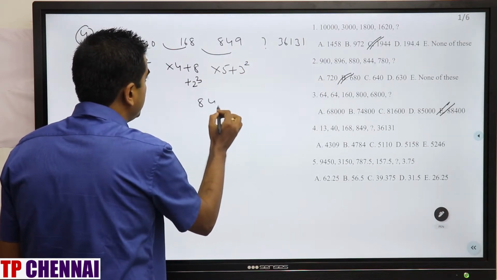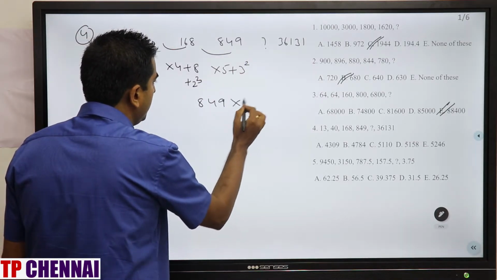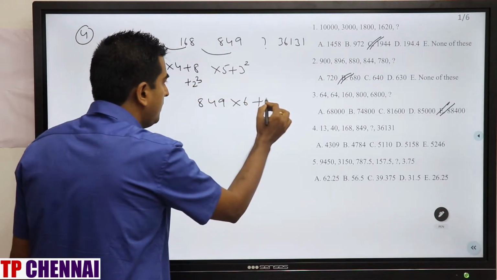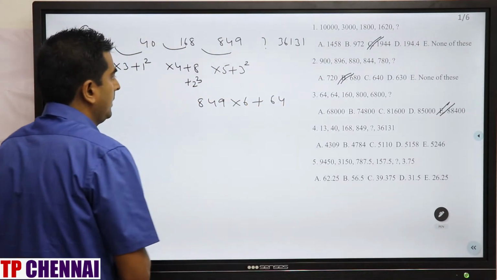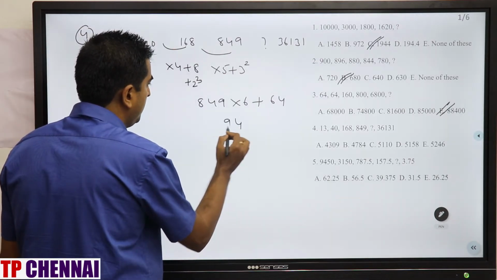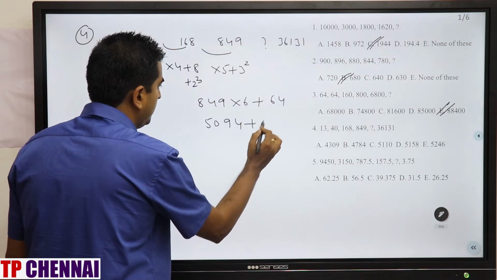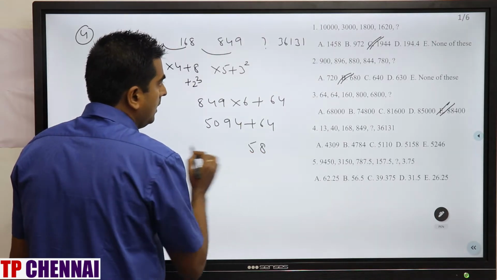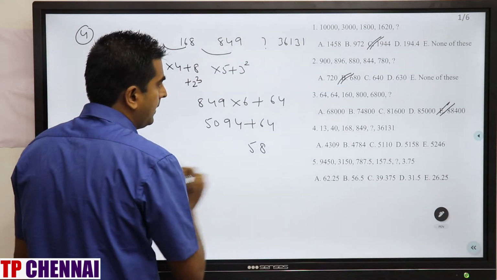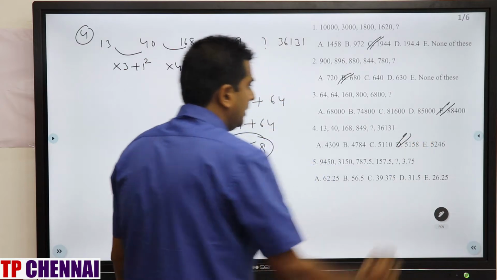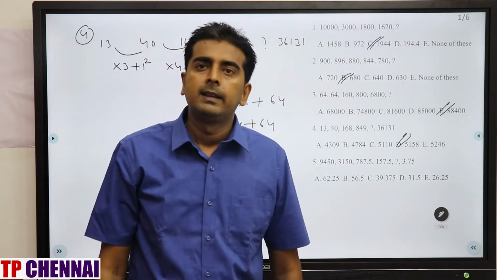So this will be into 6 plus 1 square, 2 cube, 3 square, 4 cube. 9 6s are 54, 5. 6 4s are 24 plus 5, 29. Plus 64, 8, 15. Right? 5158 is the answer, which is nothing but fourth option. Clear?